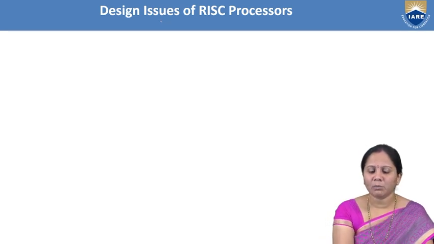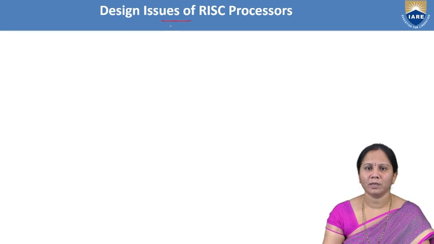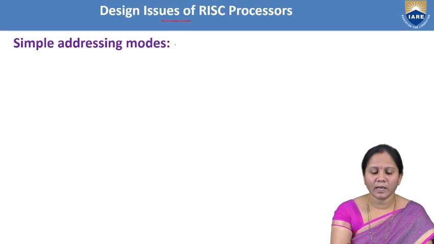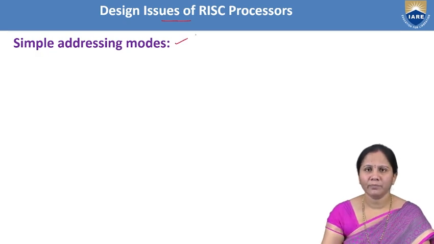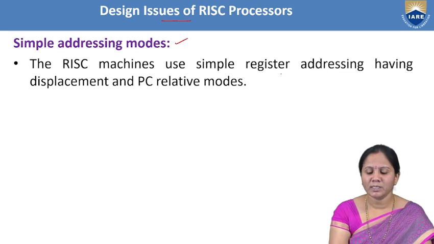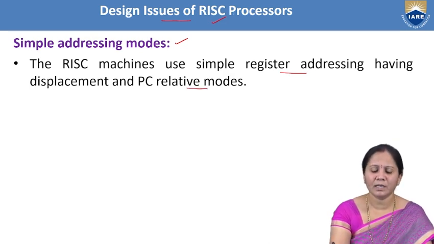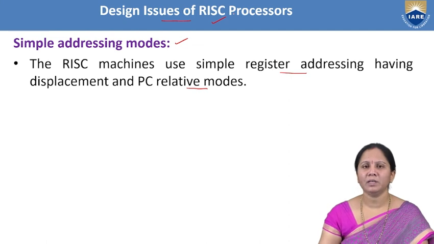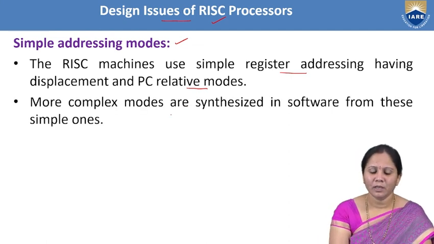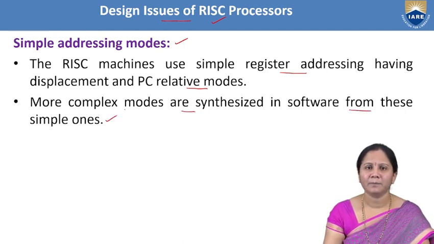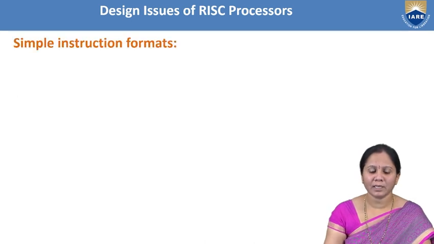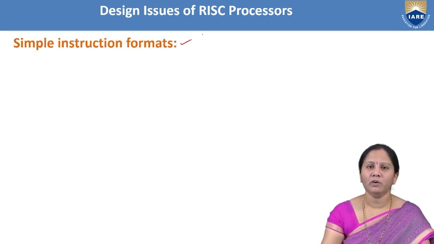Now, here are some of the design issues of RISC processors based on the characteristics and architecture. One design issue is simple addressing modes. The RISC machine uses simple register addressing having displacement and PC relative modes. That means RISC can transfer data only between register and register. More complex modes are synthesized in software from the simple ones. Another design issue is simple instruction formats.